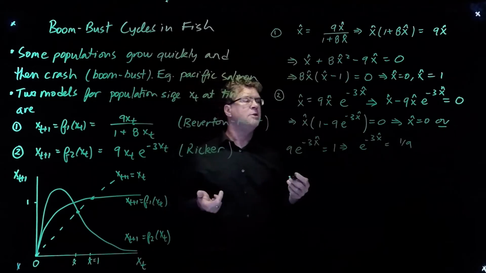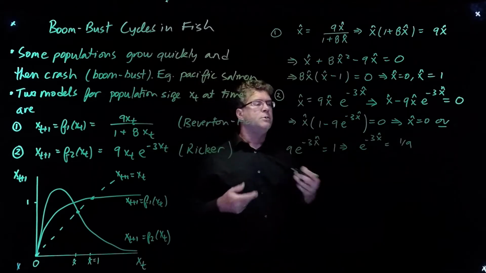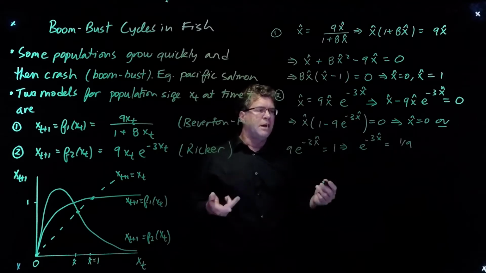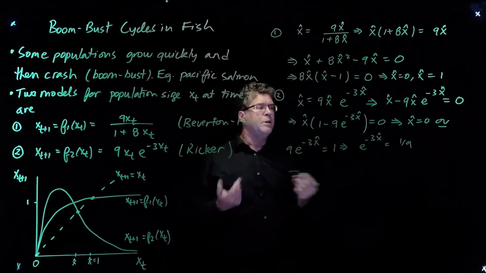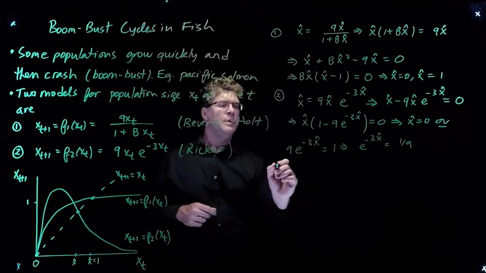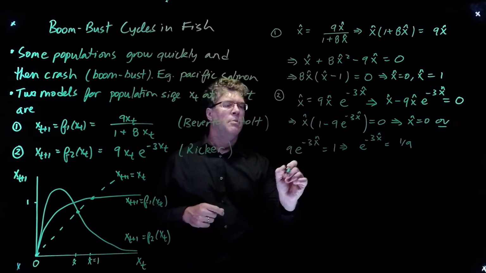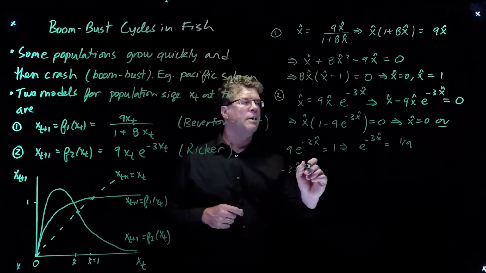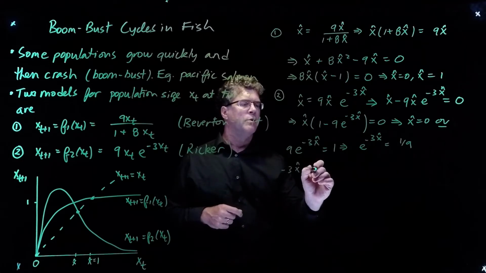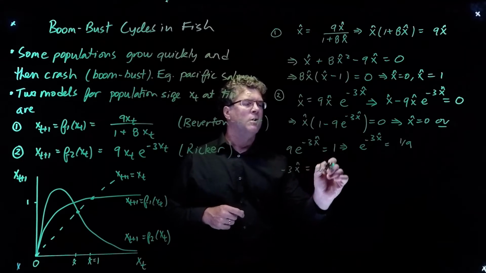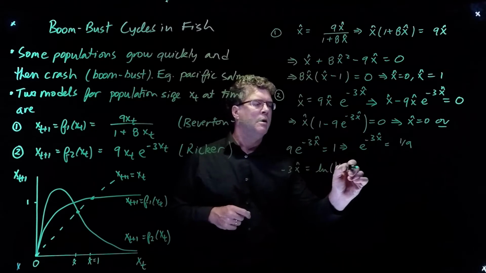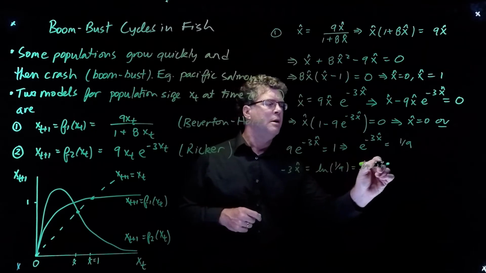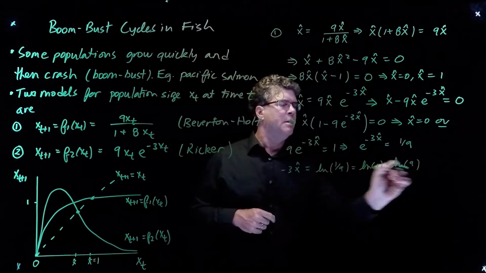Because we have an exponential, we want to undo the exponential to calculate the value for x hat. We take the log of both sides. We have minus 3x hat on the left-hand side, and on the right-hand side we have the log of 1 over 9, which is equal to the log of 1 minus the log of 9.